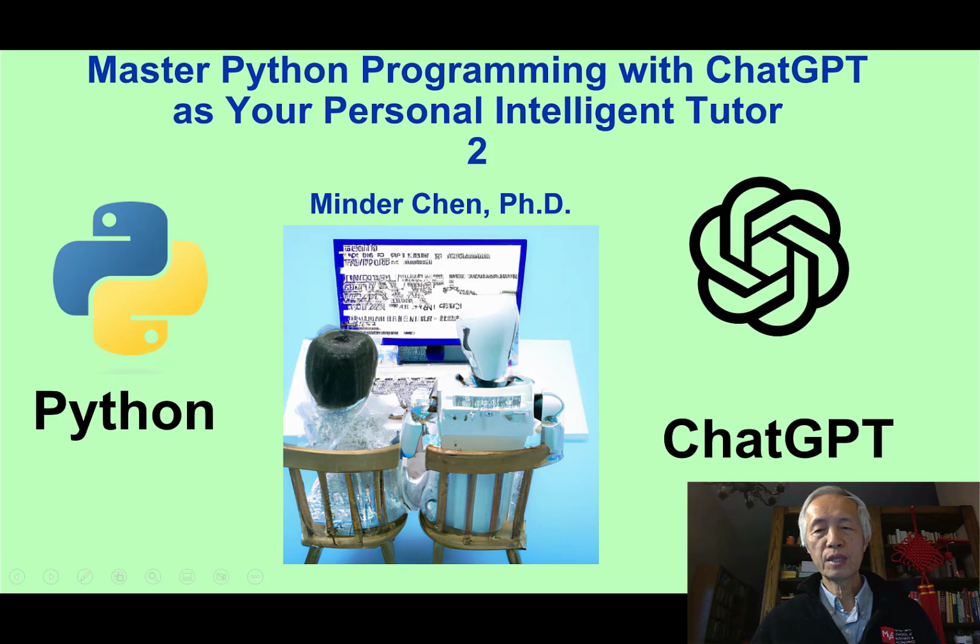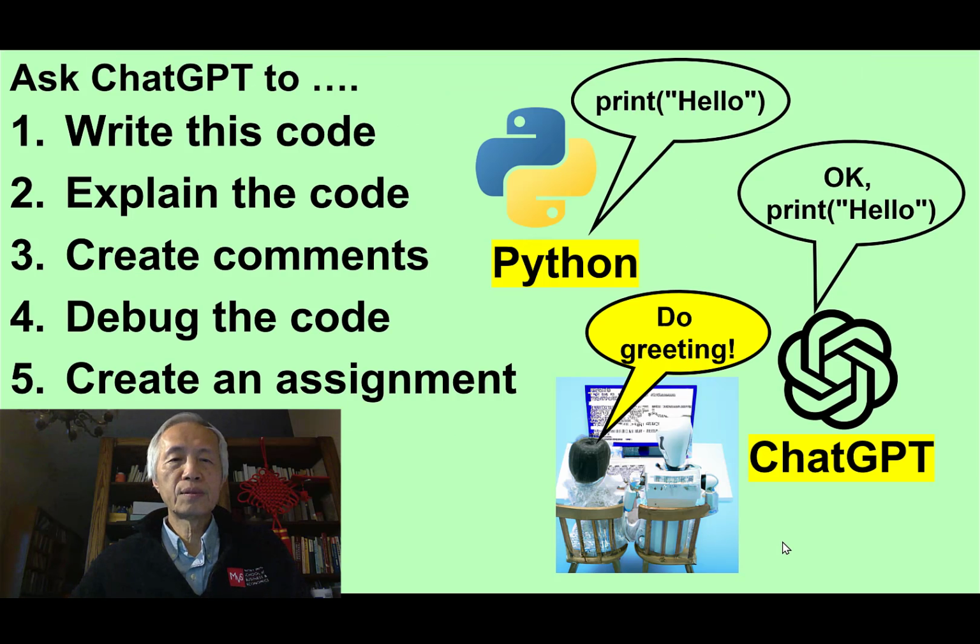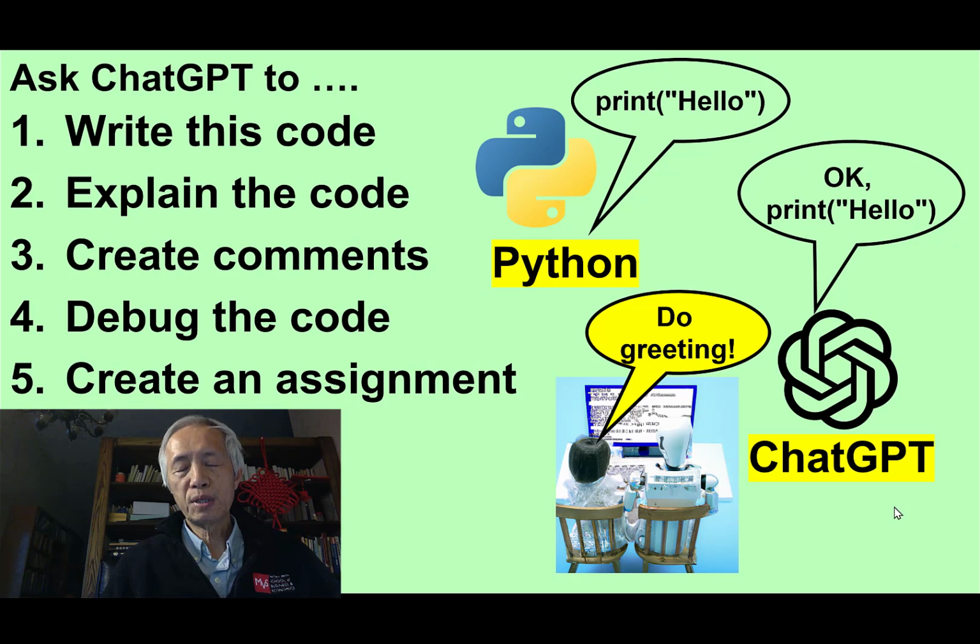And in this lecture, we're going to focus on several things. First of all, if you look at here, there are three participants in this setting. One is the learner who's sitting in front of the computer and trying to learn programming.